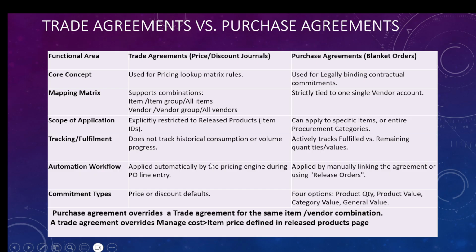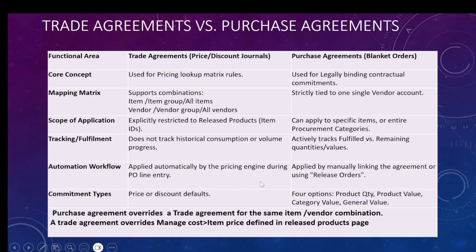And the next one, how does it get defaulted in a PO page? Whenever you create a new purchase order and enter a purchase order line, automatically the price will be fetched for the range mentioned in the trade agreement.